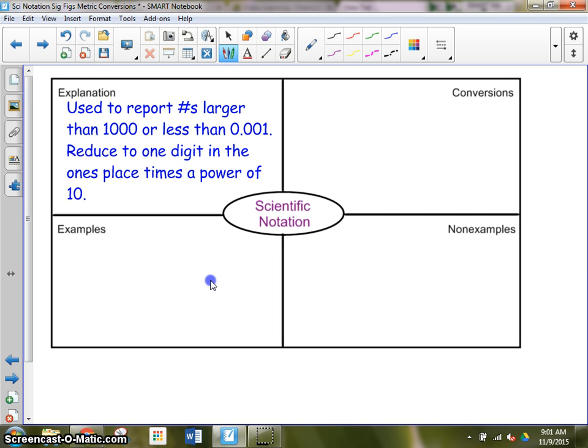It's going to mean that there's 1 digit in the ones place times the power of 10. So for that beginning number, think of it as a number that is equal to 1 up to less than 10. That's our range. So you're going to have a single digit number before the decimal place.